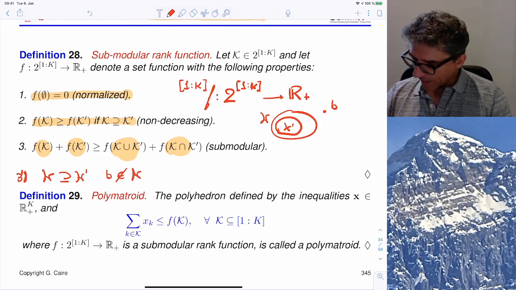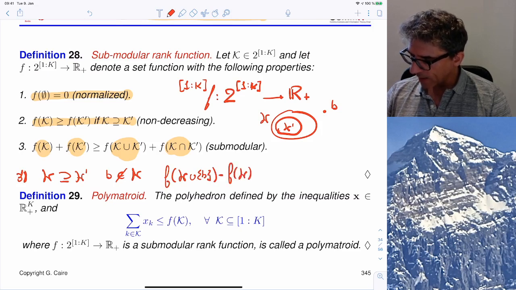It turns out that f of k union b minus f of k is less or equal than f of k prime union b minus f of k prime.